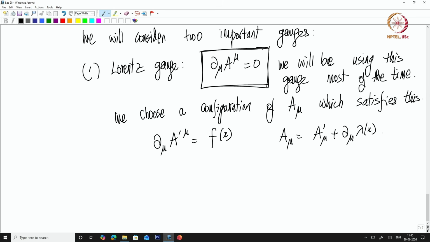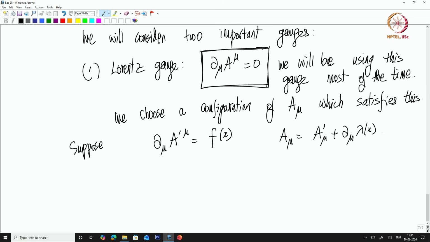Suppose this gauge condition is not satisfied, suppose this is not 0, but somebody gives me del mu A mu prime equal to f of x.